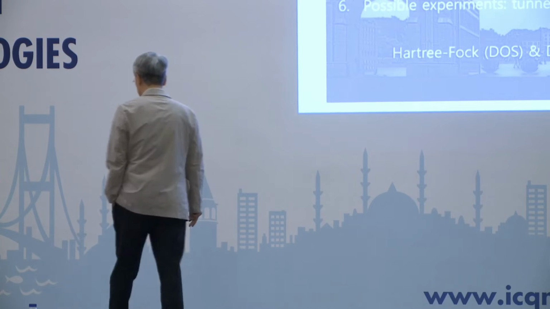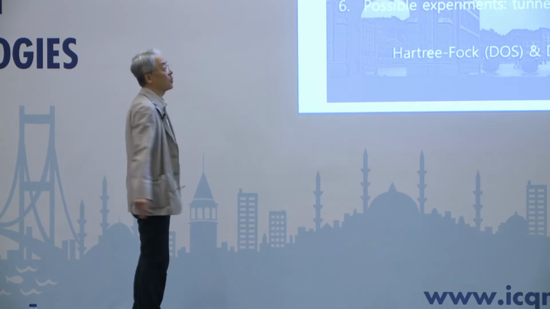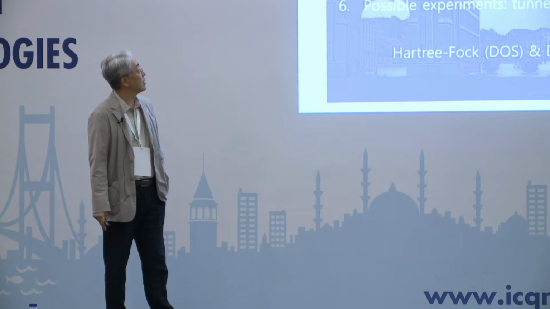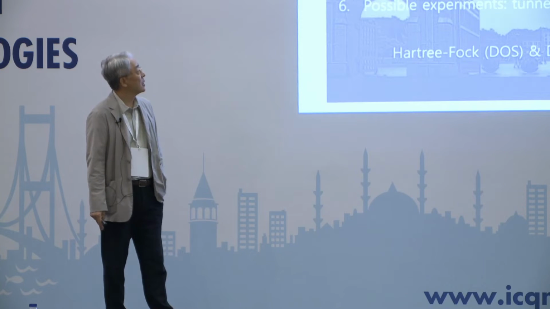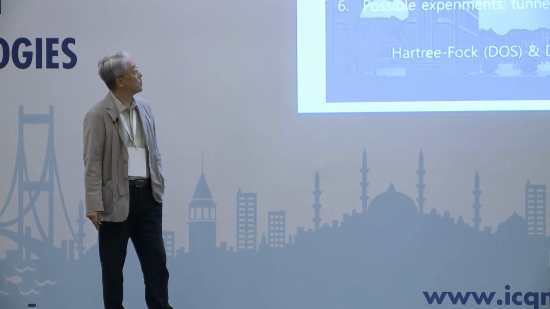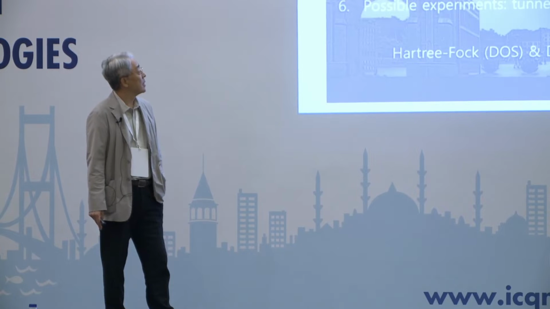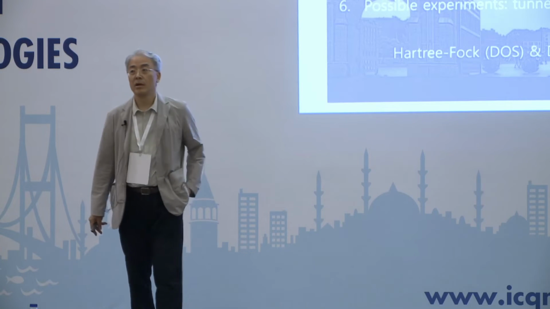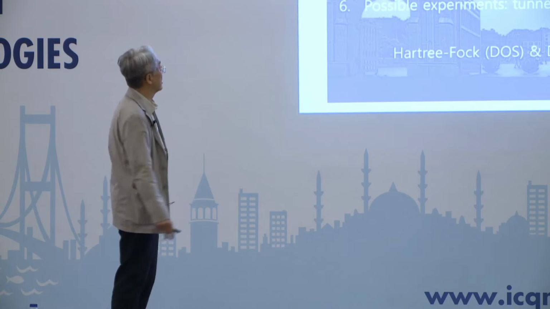Then I'll show you a second evidence for topological ordered state. I'll show you that the entanglement spectrum is identical to the edge spectrum of the system. These two are hallmark properties of topological ordered insulators.